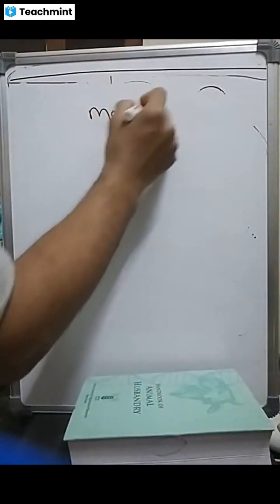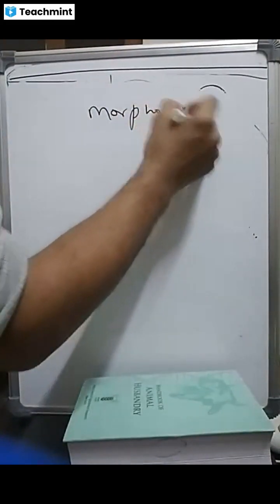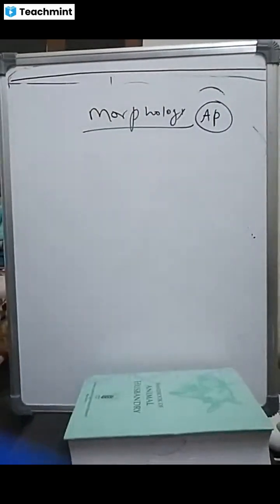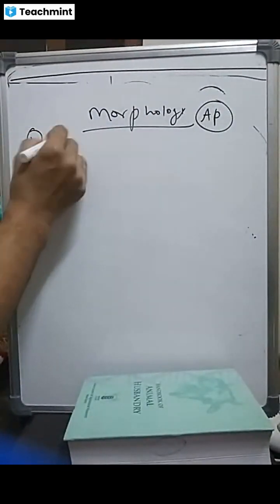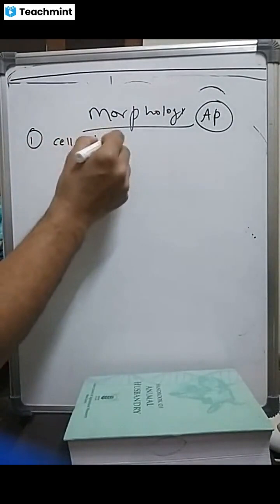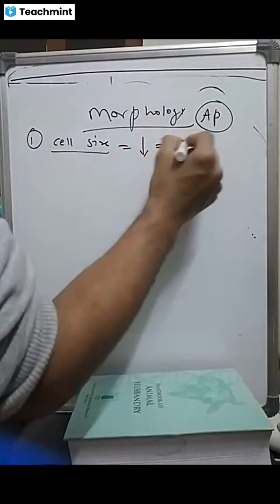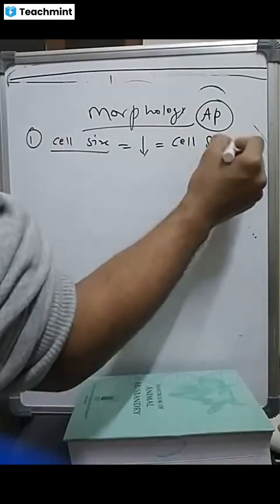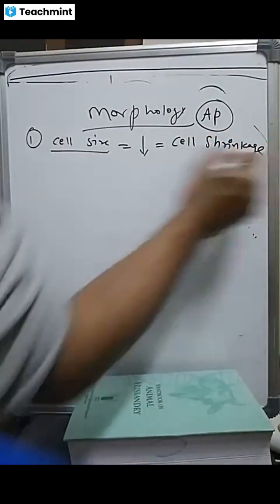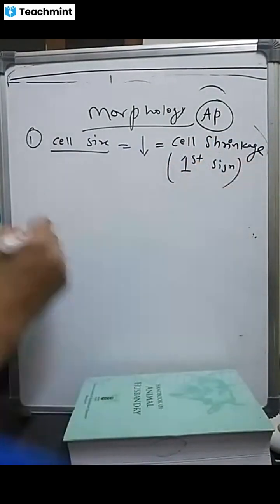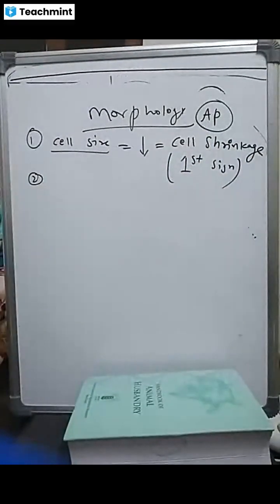Next topic is the morphological appearance of apoptosis. Number one, cell size. Cell size always decreases, so we call it cell shrinkage. This is the first sign.